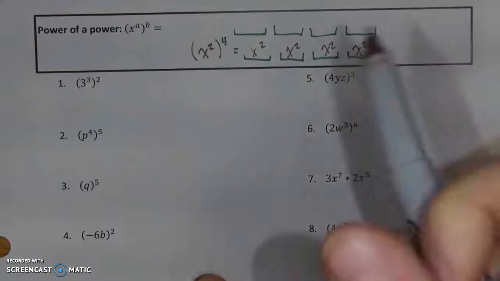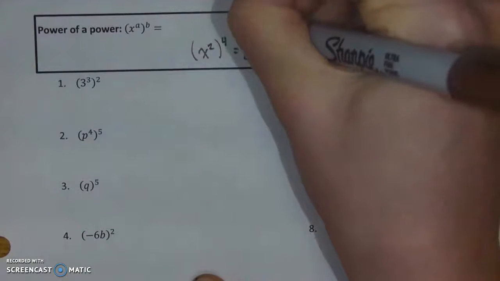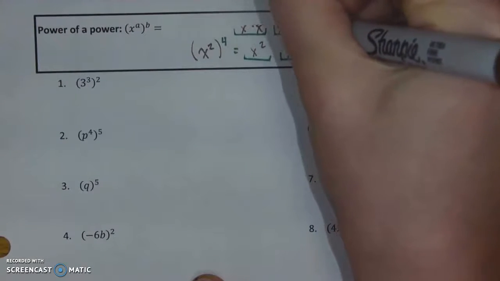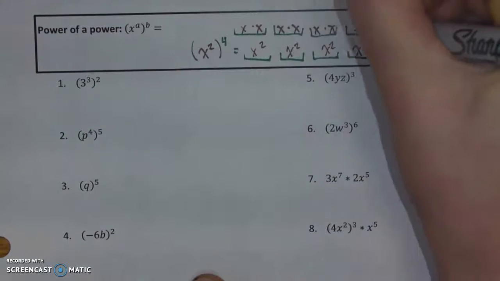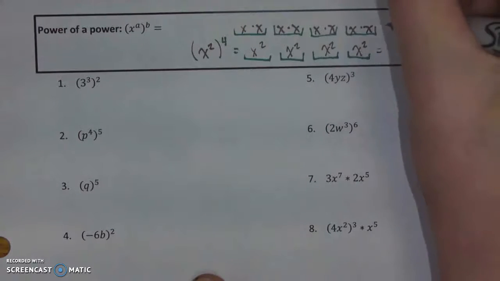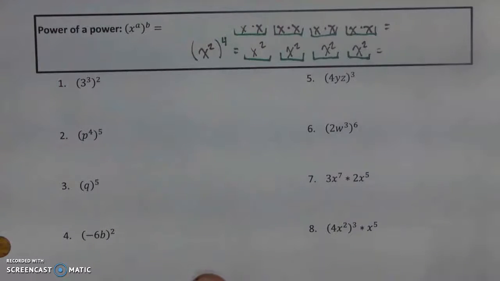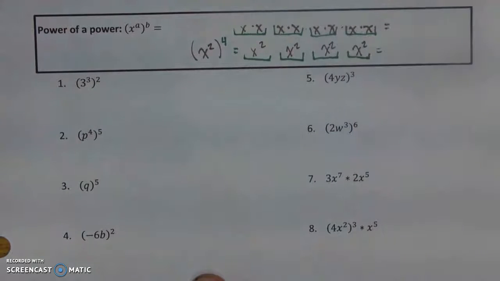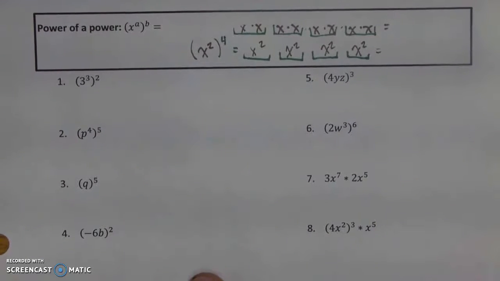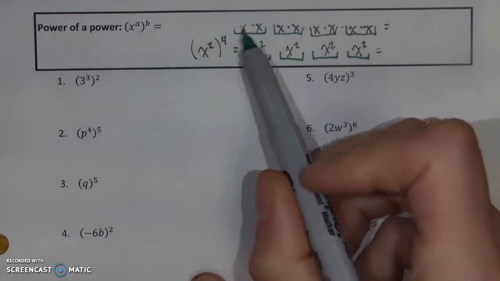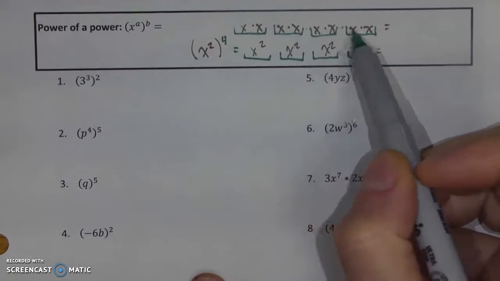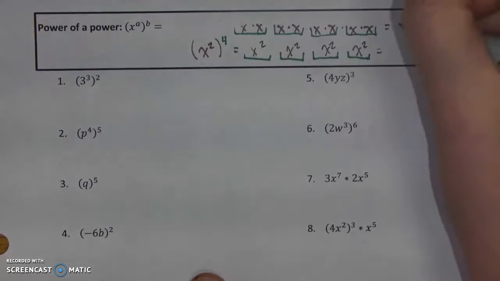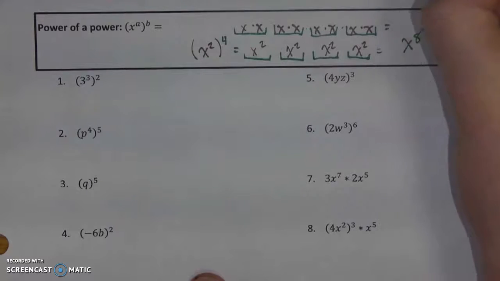Let's just write x times x in each of those. x times x, x times x, x times x, and x times x. Now here, since everything is being multiplied, it means I can combine it with powers. And what I can do is I can count up how many I have here. 1, 2, 3, 4, 5, 6, 7, 8. So this really results in x to the 8th.